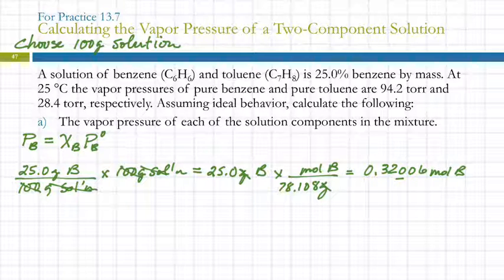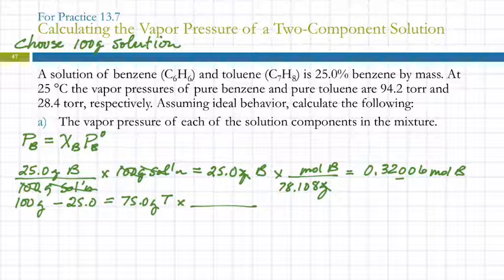How can we find the moles of toluene? So if we had 100 grams of solution and 25 grams was benzene, the rest of it must be the toluene, right? 100 grams minus 25 grams, 75 grams of toluene. You could also do that by thinking, well, if it's 25% benzene, it must be 75% toluene.